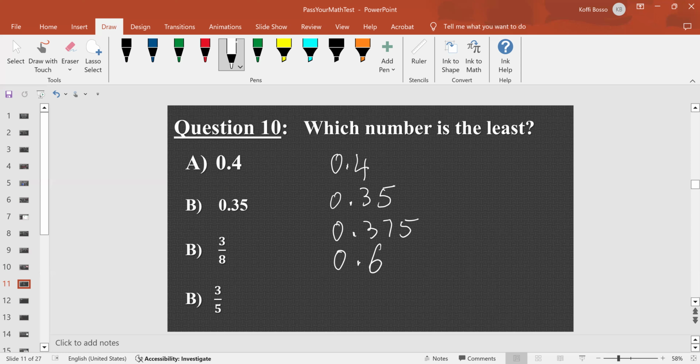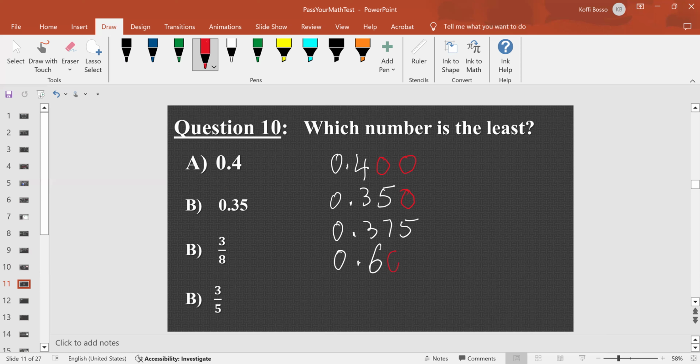But the thing is this: to better compare these 4 numbers, it's very important to have the same number of digits after the decimal. For 0.4, we have 1 digit after the decimal, so we need to complete this with zeros. So 0.4 is the same as 0.400. The next one, 0.35 is the same as 0.350. The next one, 0.375, already has 3 digits, that's fine.